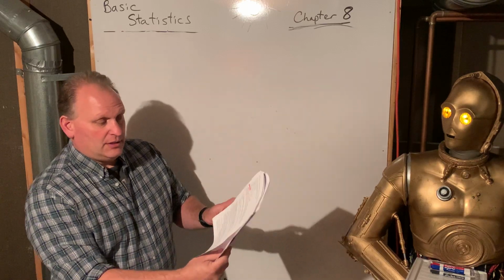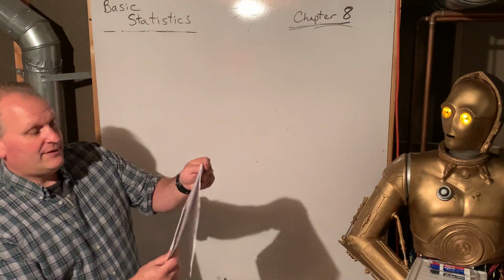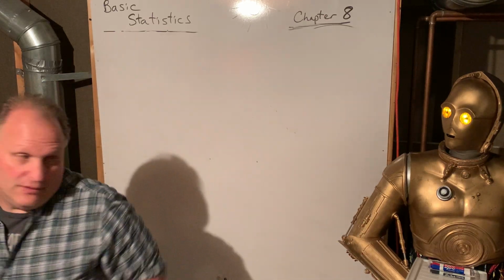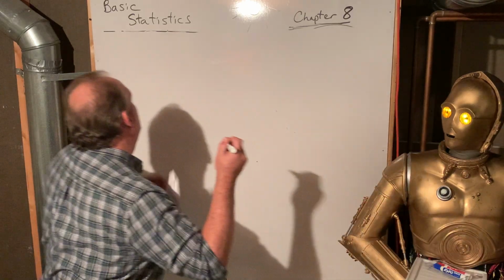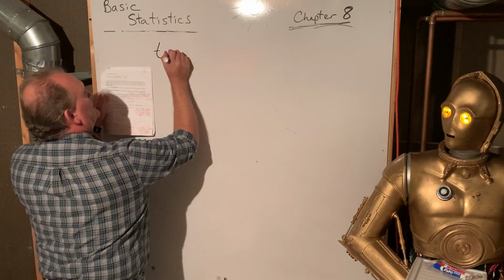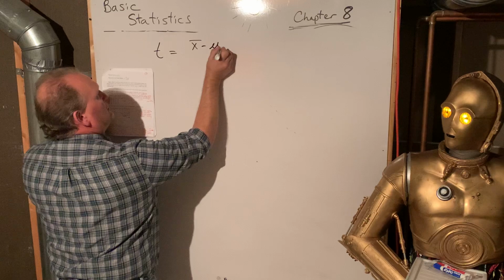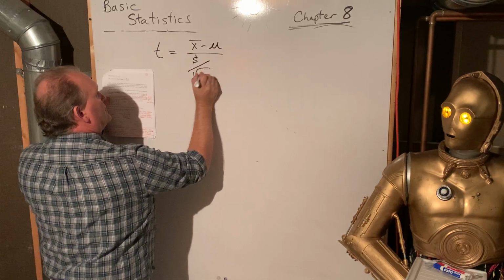So let's take a look at page 10, actually. They have us put in a bunch of data. First, they give us the t-test. So let's take a look at that. What does that look like? The t-statistic looks just the same. We have x bar minus mu over s divided by the square root of n.